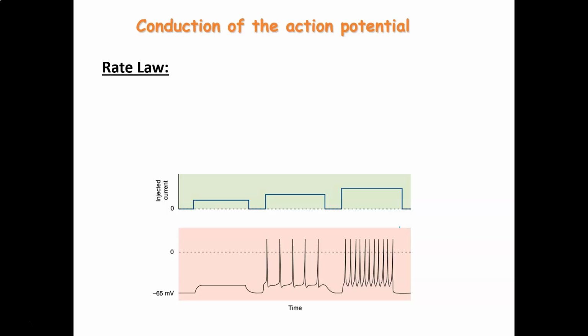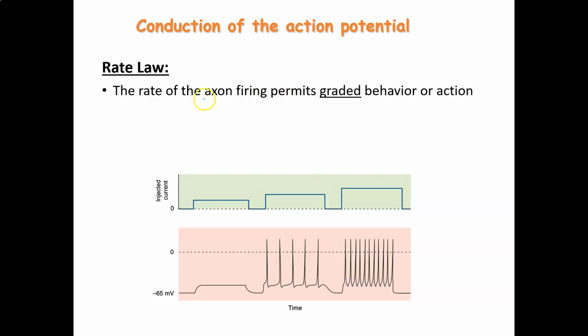The second law is called the rate law. Because the action potential does not vary in intensity, we somehow need to convey intensity and behavior with the fact that the action potential is binary, and we do that by changing the rate or frequency of action potentials. So the rate of axon firing, how many action potentials it has in a given time frame, allows for variation in behavior, graded behavior.